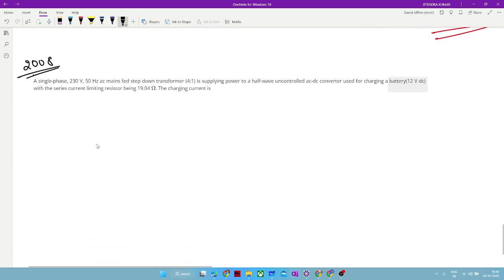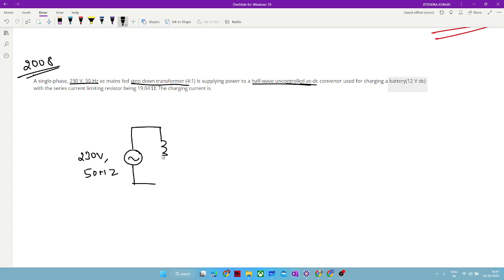So this is a half wave uncontrolled AC DC converter. Okay. Now here they have introduced the concept of a step down transformer. Since we have 230 volt 50 hertz supply at our home, it will be connected with this 230 volt 50 hertz. Okay, and this transformer is feeding this half wave uncontrolled rectifier.